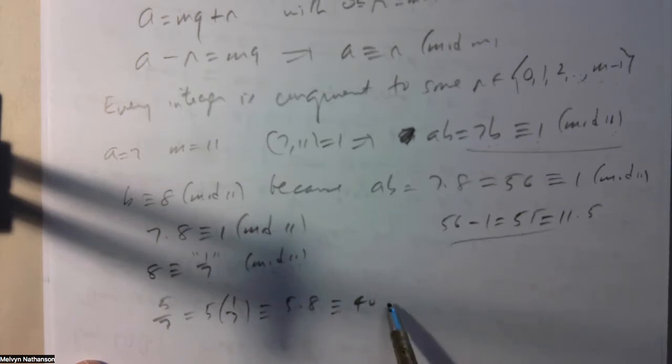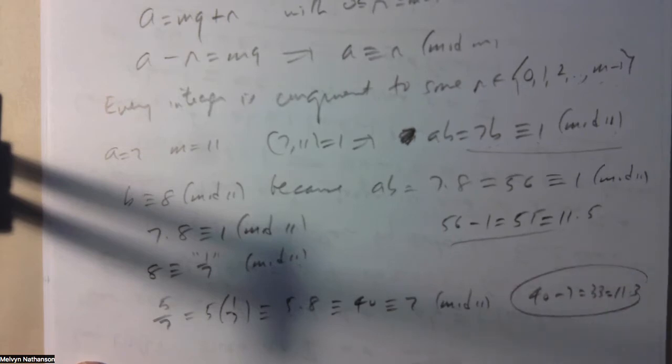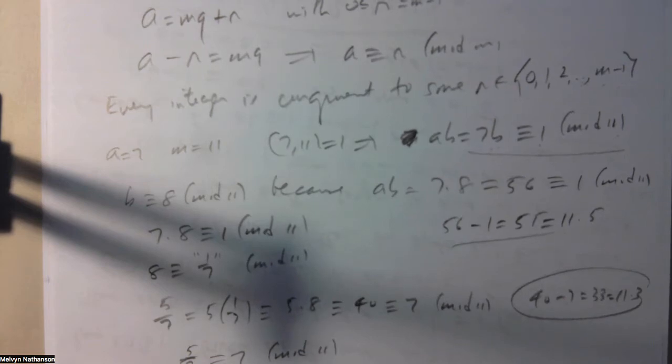What is 40 mod 11? 7. Because 40 minus 7 is 33. It's 11 times 3. So with this understanding of what a fraction means when you're looking at a congruence mod n, 5/7 is the same as 7 mod 11.